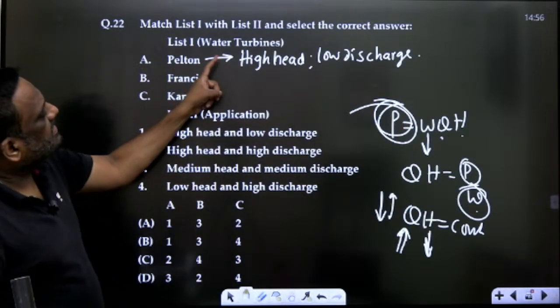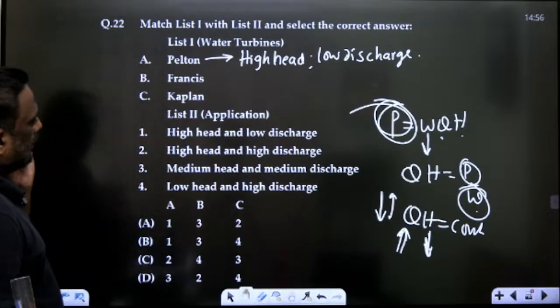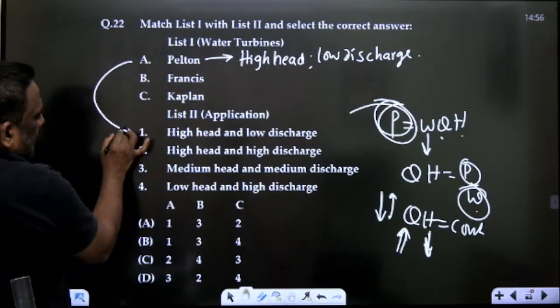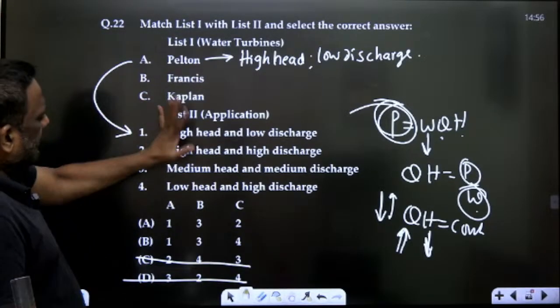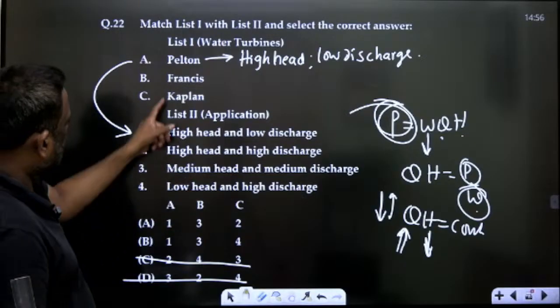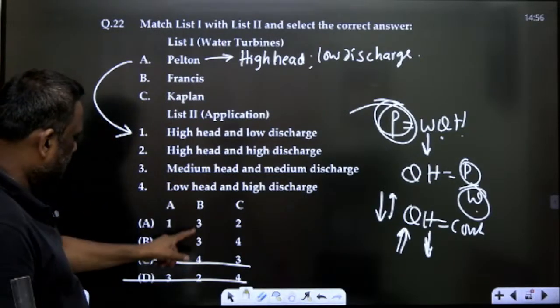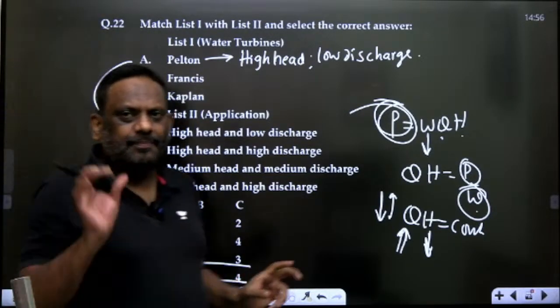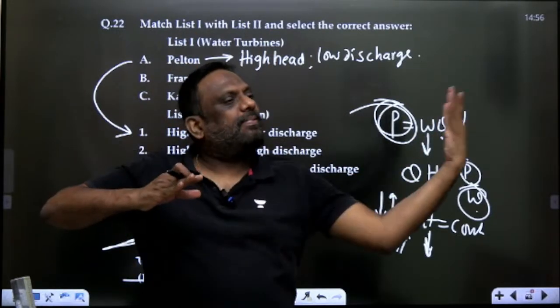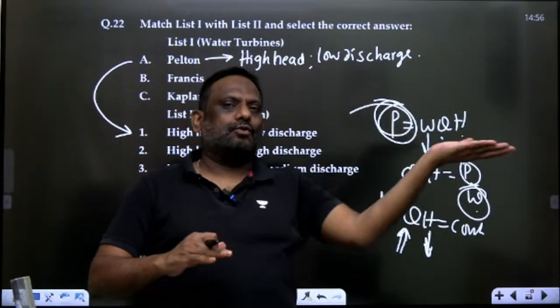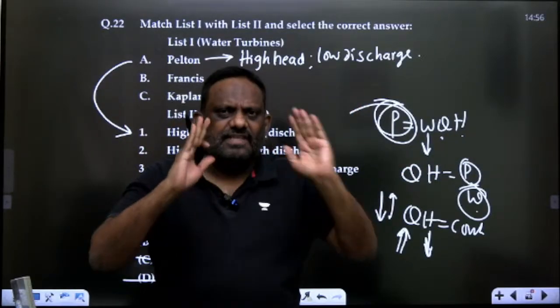So Pelton wheel is a high head, low discharge turbine. Can I say A is matching to 1? Francis is always in the middle: medium head, medium discharge. So B is matching to 3. Always remember Pelton, Francis, Kaplan: Francis will be in between, like Otto cycle, Diesel cycle, Dual cycle, where Otto and Diesel are the extremities and Dual comes in between.